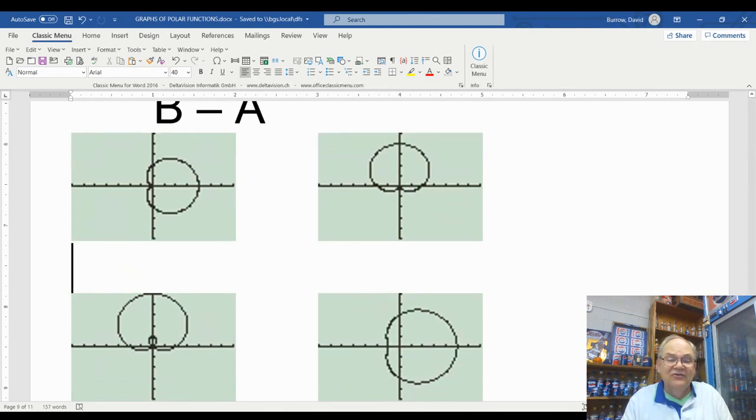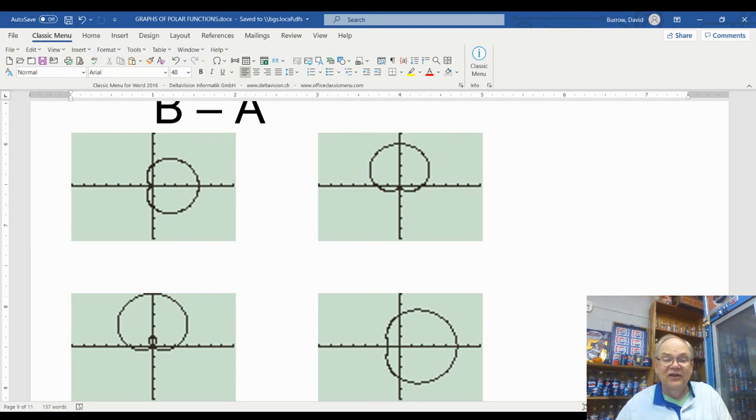On the other two, again, the first one's going to be 2 plus 3 sine theta. So to find where the indentation is, I do 3 minus 2. That gives me 1. That's why I have a little loop that goes up to 1 inside the big loop that goes to 5.